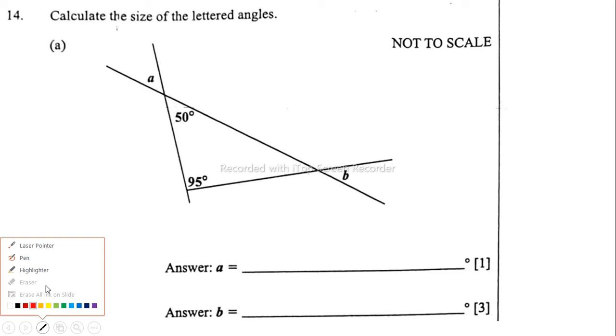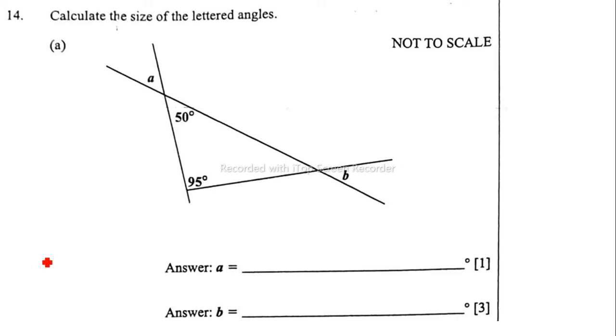Alright, so it says here, calculate the size of the lettered angles. And so we have here, well, A is easy. What is A? 50.